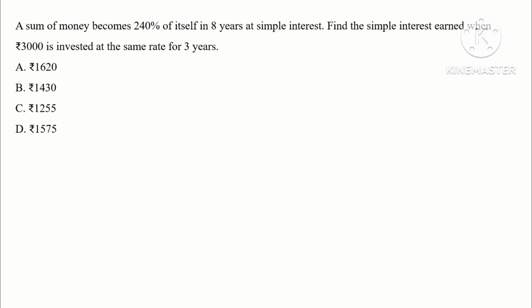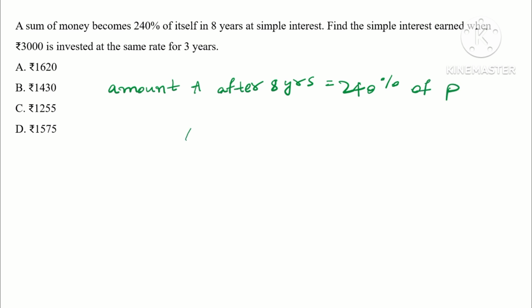So in this question, the amount A after 8 years is 240% of P. So amount A becomes 2.4 P. Now simple interest formula is amount minus principal.